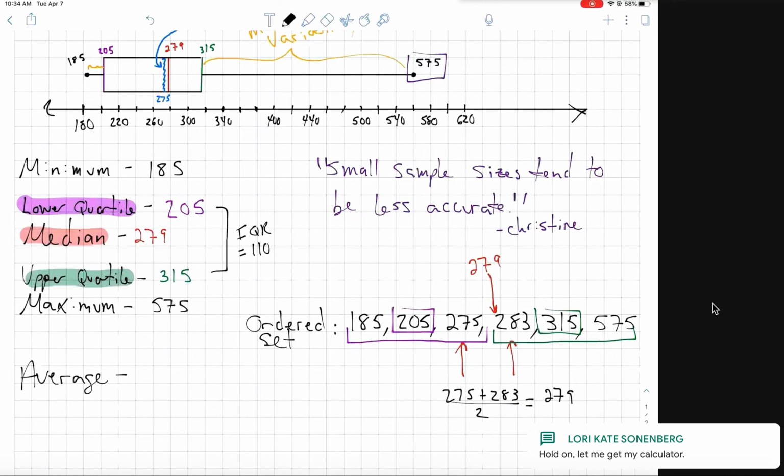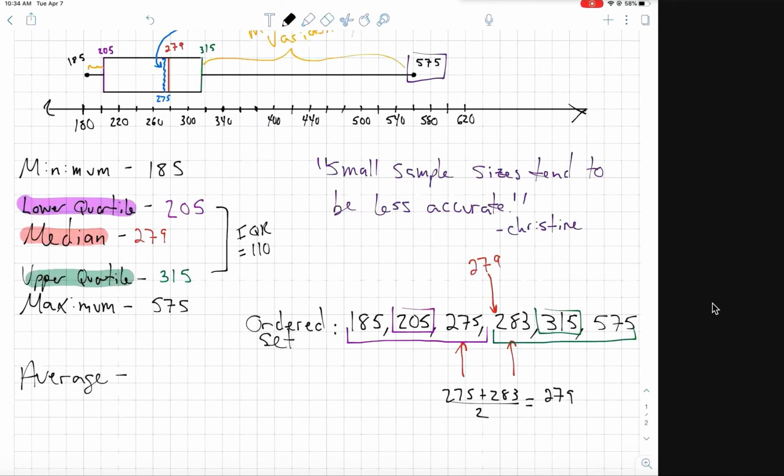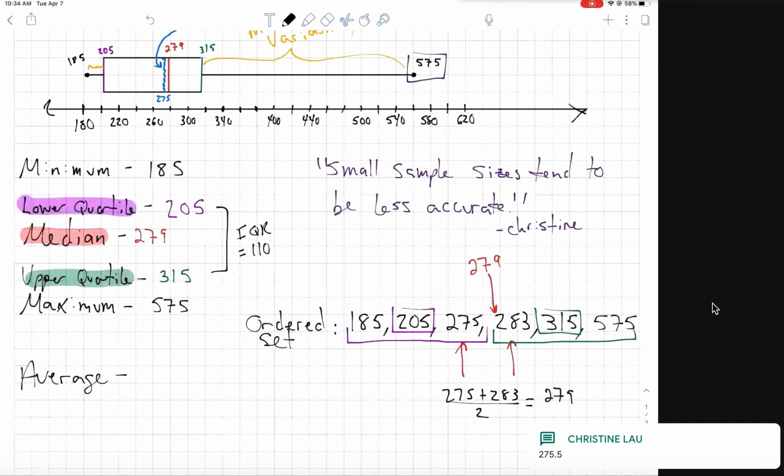Let's see who can grab a calculator and calculate the average for us. 275.5. Do we agree with Christine? 275.5 for the average of these 6 data points.